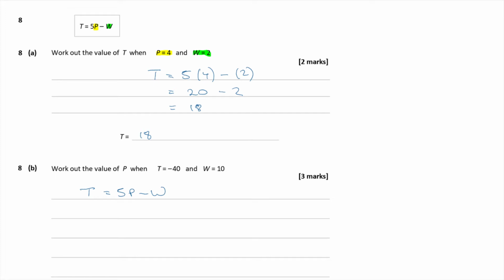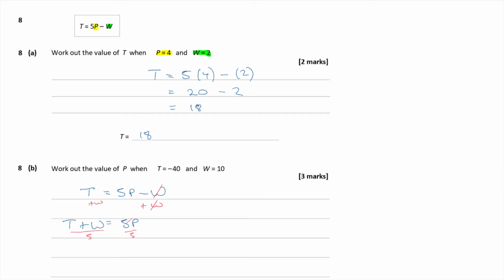Now I can do that first by trying to get P by itself. I'm going to add W to both sides. This one will cancel, leaving me with 5P on the right. So 5P is going to be T plus W then, isn't it? And then the next thing I'm going to do is divide both sides by 5.